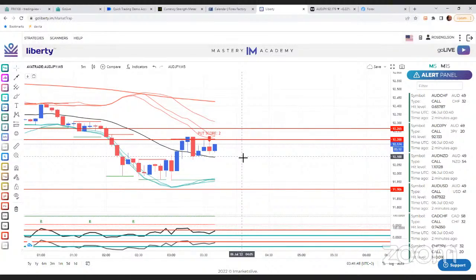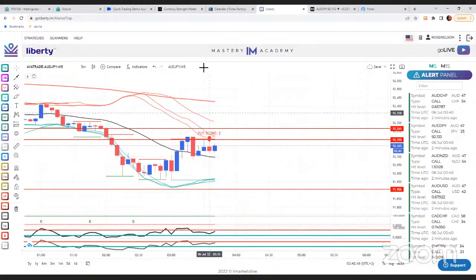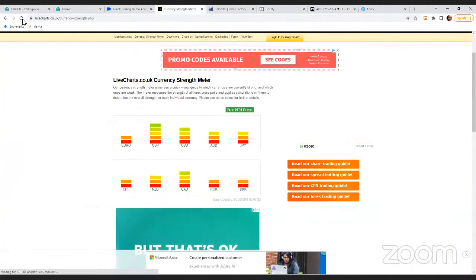AUD is getting too strong. 3 minutes. It must be consolidating somewhere.